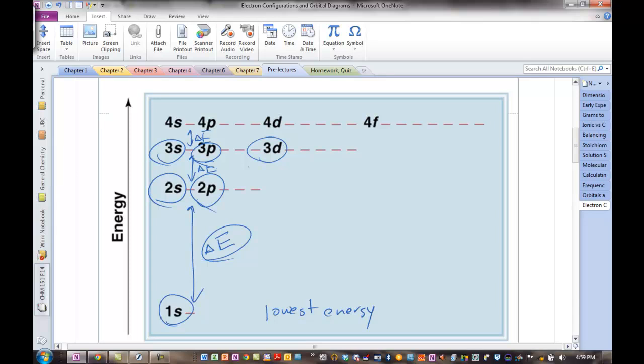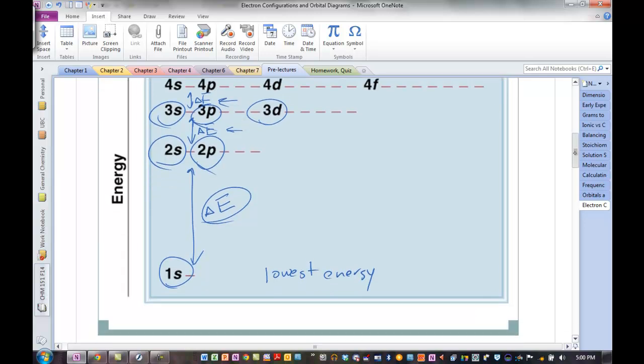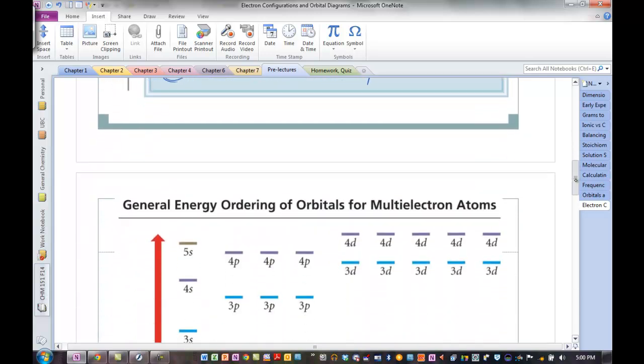Unfortunately, it's not quite that simple, for a number of reasons. One is, as we go further and further away from the nucleus, these energy levels are just closer together. And there's another reason. Let's go to the next slide, and we can look at the actual ordering.